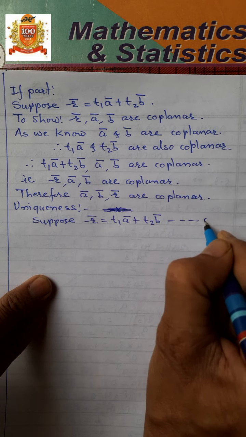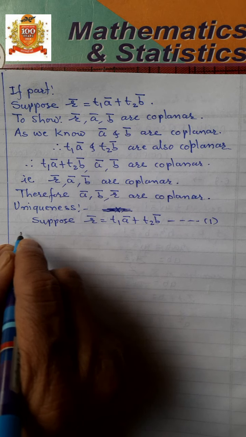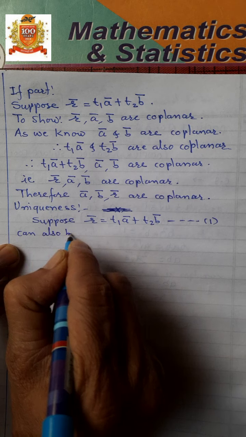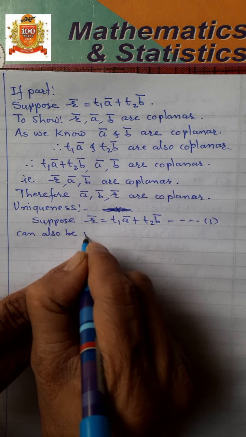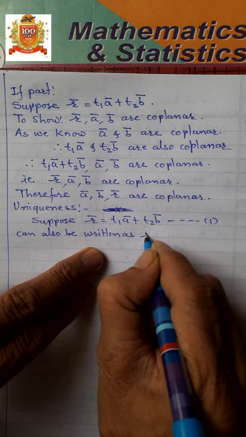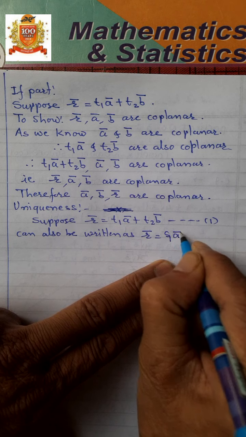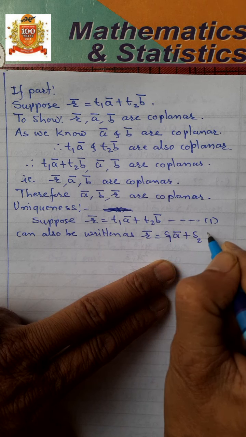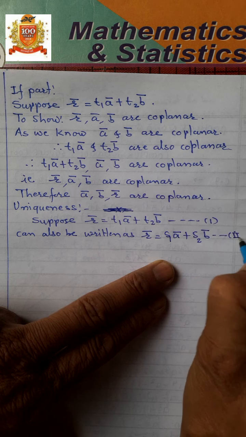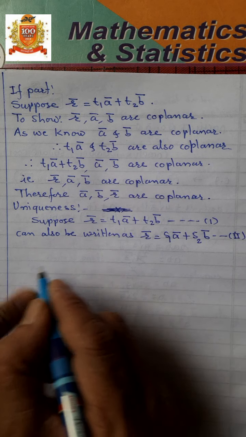Denote this equation as 1. This can also be written as R bar is equal to S1 A bar plus S2 B bar. Denote this as second, where S1, S2 are scalars.